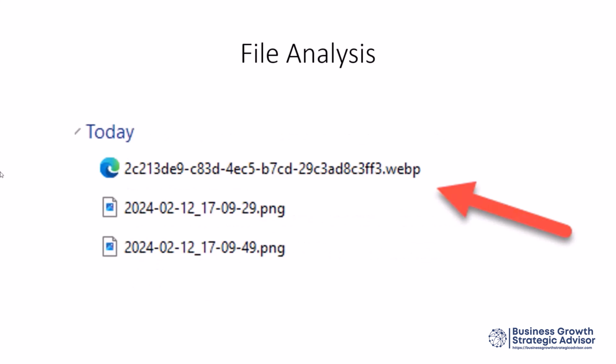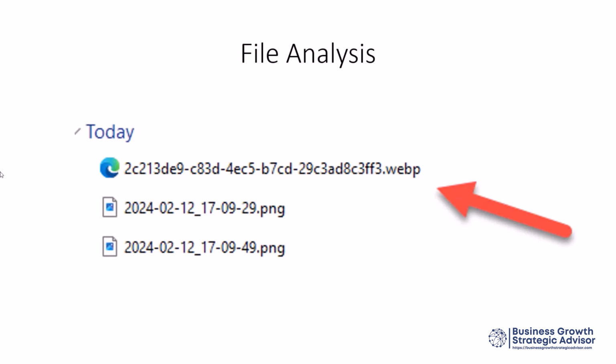We talked about changing a file type. So here's a web image. It's actually an image that I downloaded from ChatGPT. And when you create an image in ChatGPT, in general, it's going to return to you a WebP file, right? So you may not use those. You primarily use PNG files, as you see here.